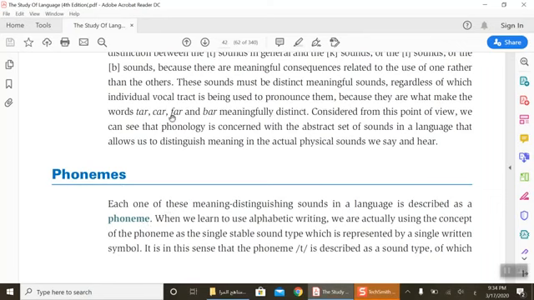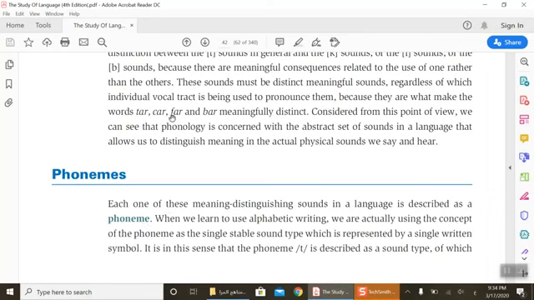So phoneme is the smallest meaningful unit. It is what? The smallest meaningful unit. Good. How it is meaningful? It is meaningful in the sense that when you change one letter into another, you will have what? Another word, different meanings. That's why we say it is the smallest meaningful unit.